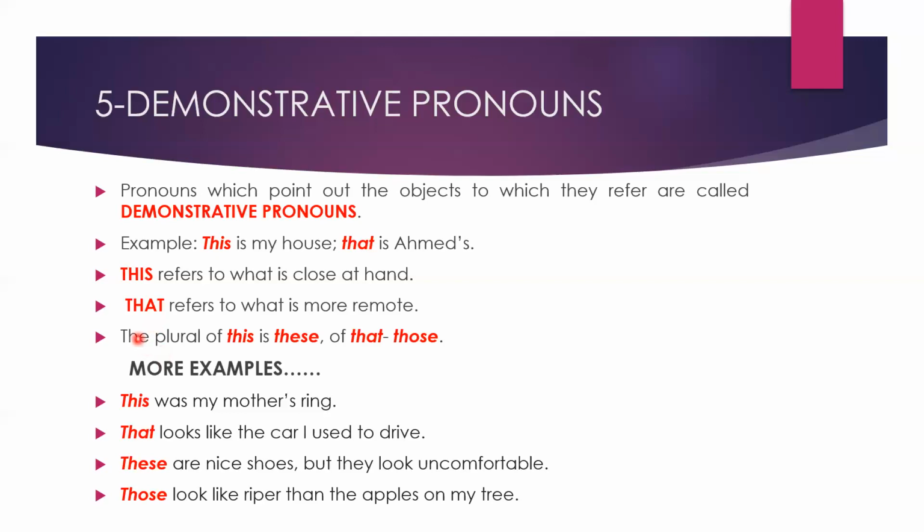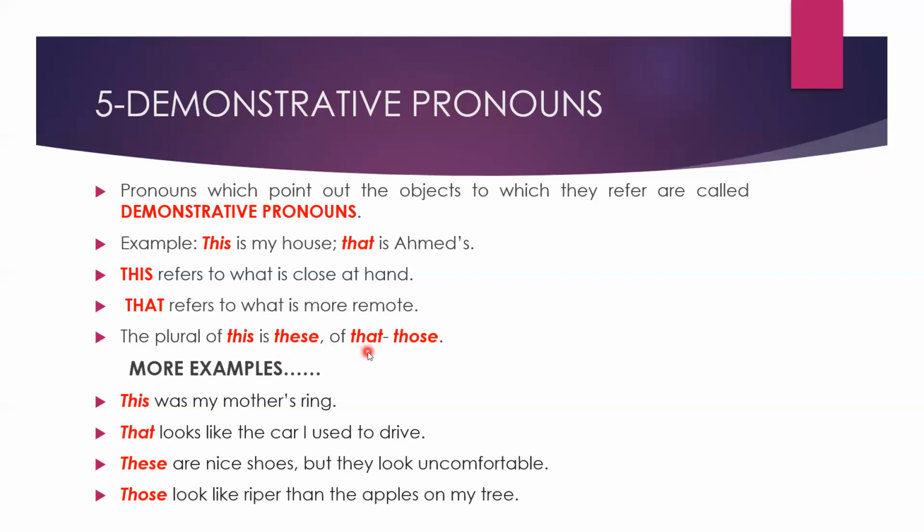More examples. Before we start more examples, dear students, I want to add that the plural of this is these. For example, you have 2 books with you. You can say these are my books. For single, you will say this is my book, and for plural, these are my books.